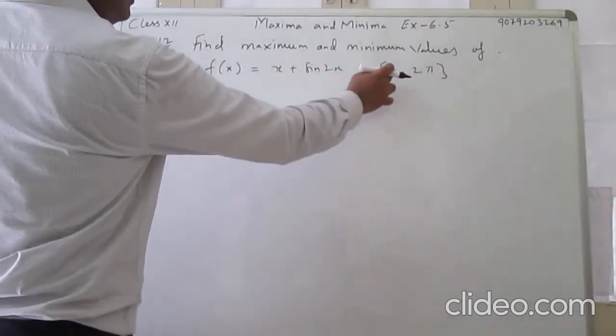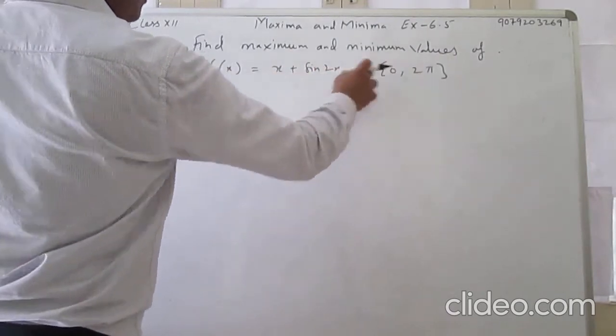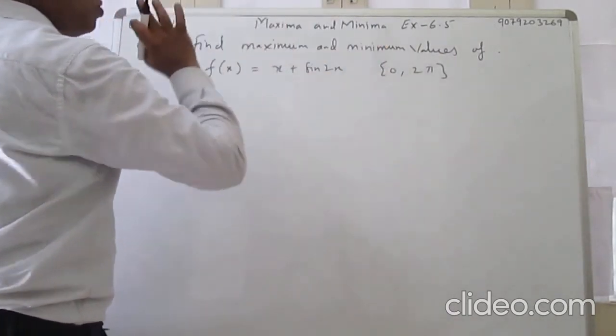Same as the earlier question, on 0 to 2π we have to find both the maximum and minimum values.